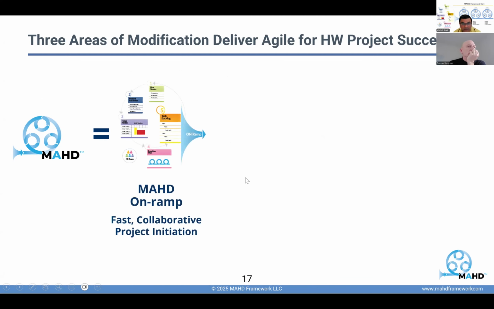So let's start by looking at the 3 key areas of modification that drive MAD results. The first one is your MAD on-ramp. As any hardware team will tell you, advanced planning is critical for success. But it also doesn't mean you have to figure everything out as you typically do in a stage gate approach. Instead, MAD focuses on helping teams identify the key areas to focus on as the team rapidly initiates the project with a directional iteration plan.